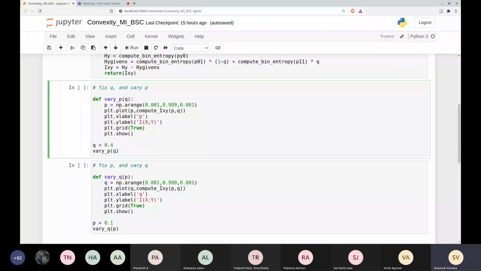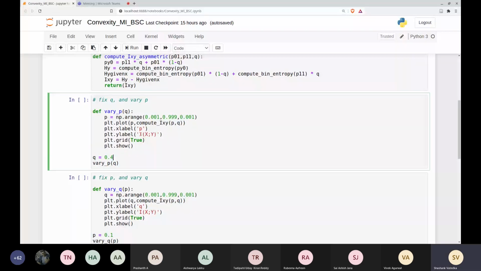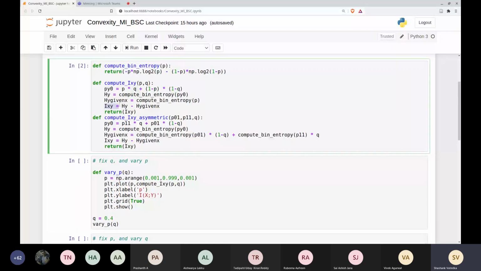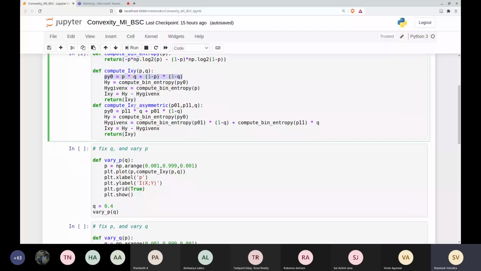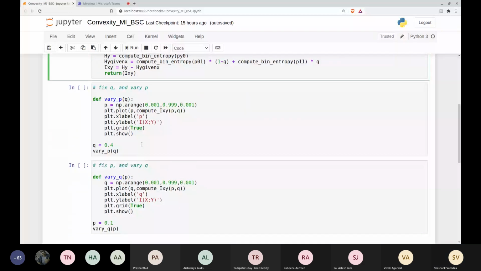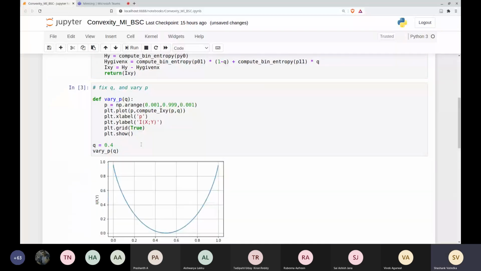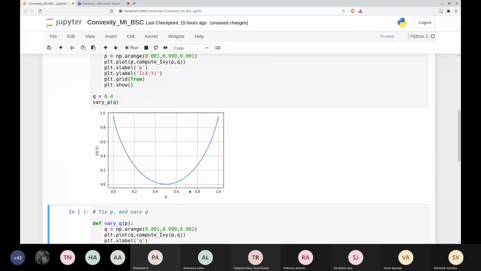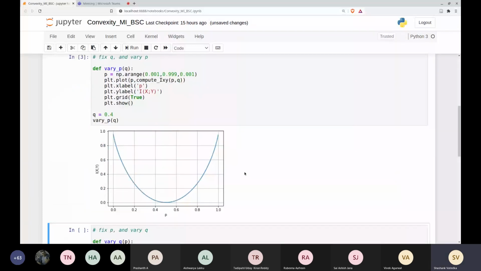So to compute the mutual information, I need h of y and h of y given x. For this, I need to compute the probability that y equals 0, and then I compute h of y and h of y given x. If I plot this with respect to P, I get this convex function.